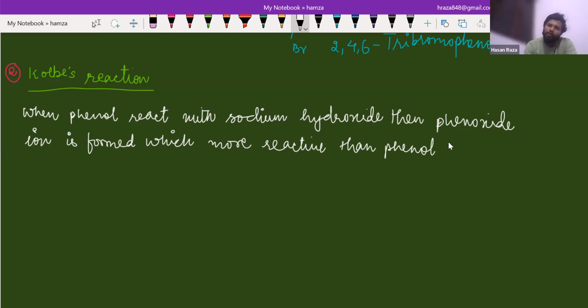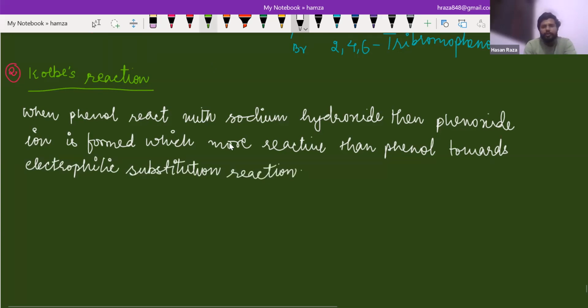towards electrophilic substitution reaction.